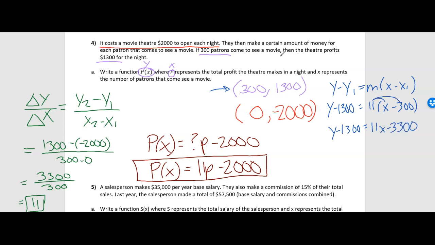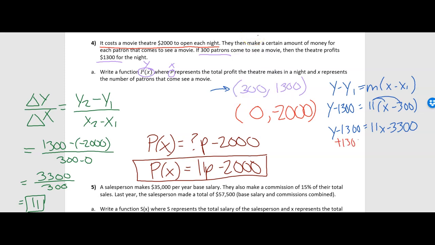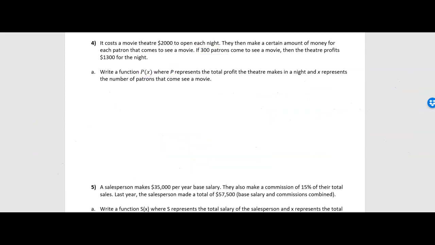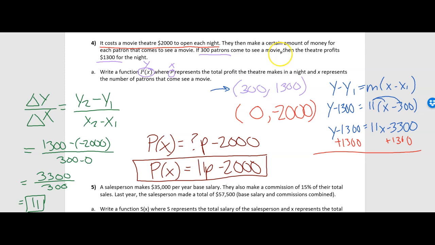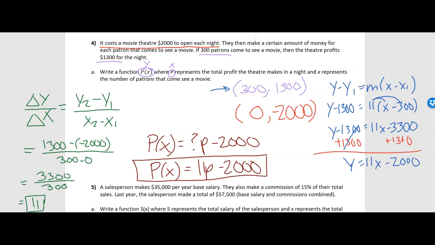That's if I distribute. If I add 1,300 to both sides, that gives me y is equal to 11x minus 2,000. And then we can replace our y with p of x, because we want to write this in function notation. And notice that either way, you would get the same function.